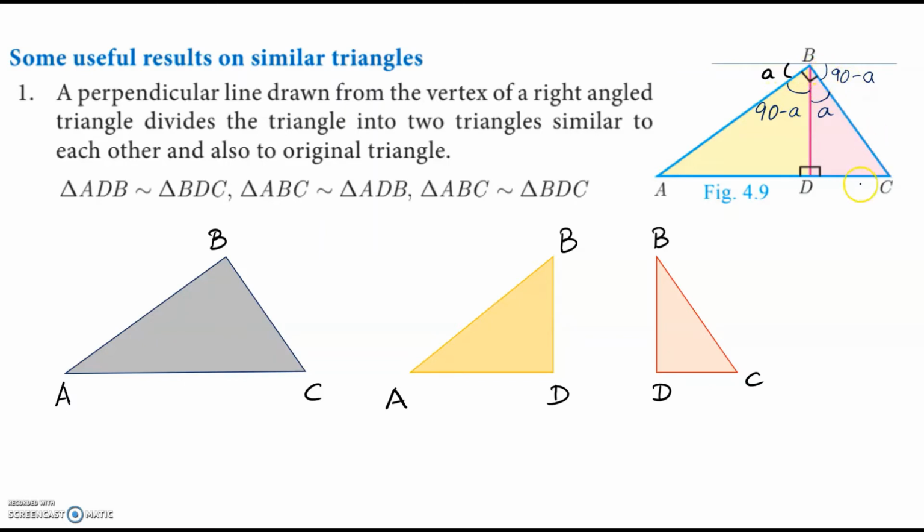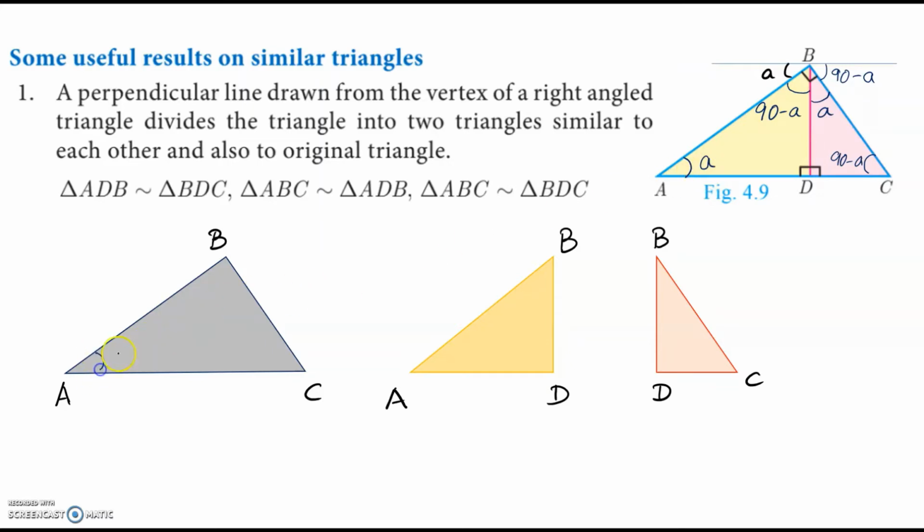Now this angle is equal to this angle because these two lines are perpendicular. So this is 90 minus A. And this angle here is A because these two lines are perpendicular. Now let's plot all these angles into the triangles.